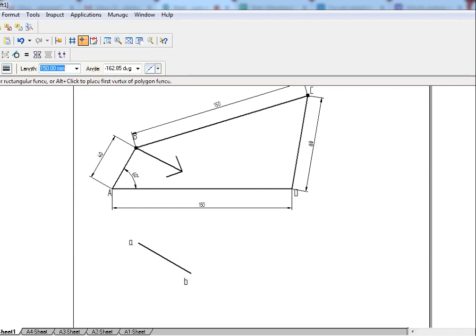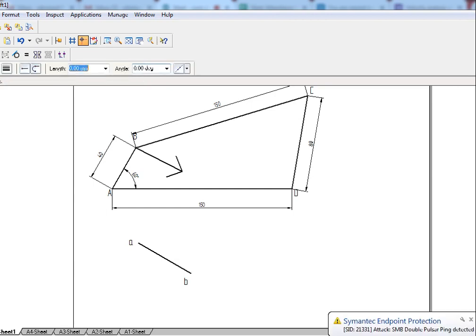You can shift to minus 90 also, no problem. Tell me that angle. 72, I think, sir. 72.85, sir. Minus 72.85. Okay, minus 72.85.